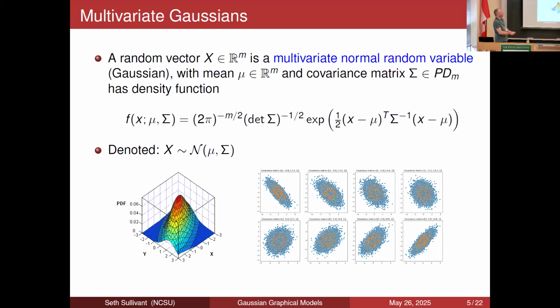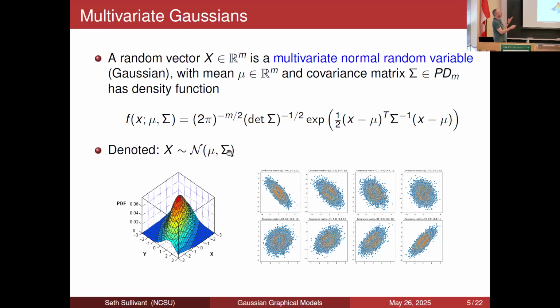That means that the density function for x, in terms of these parameters mu and sigma, is given by this complicated density function. Okay, so mu is appearing there and sigma is appearing there through sigma inverse. We use the shorthand to say that x is distributed as a normal mu sigma random variable.